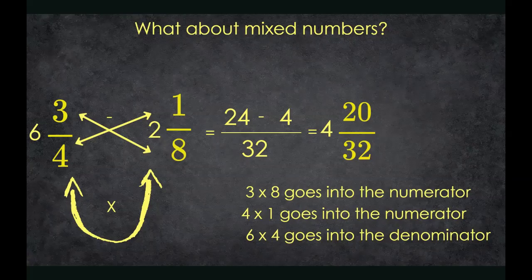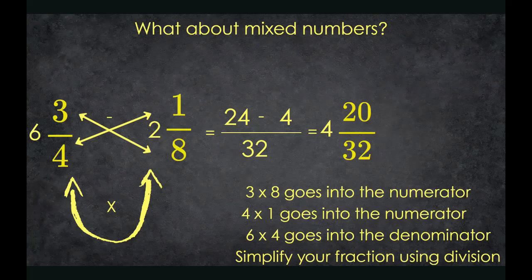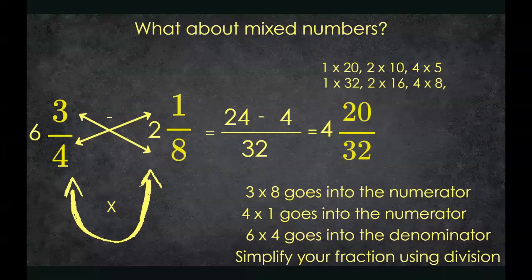So I have to think about my factors. This is why you need to be really good at your multiplication tables. So think of all the ways to make 20. 1 times 20, 2 times 10, 4 times 5. All these digits are your factors of 20. Then I'm going to look at how to make 32. 1 times 32, 2 times 16, 4 times 8.